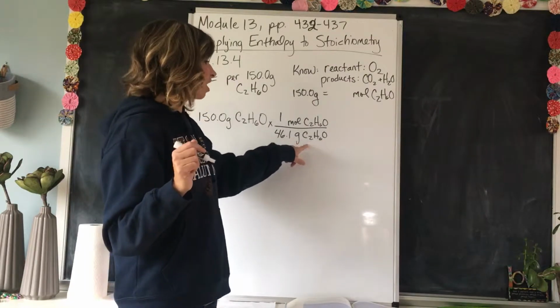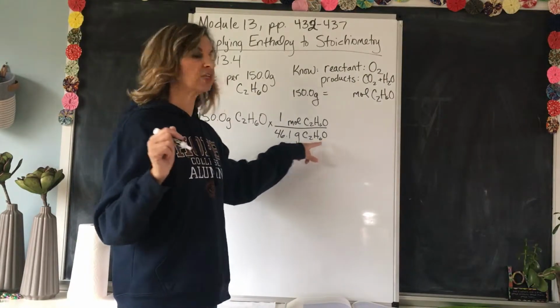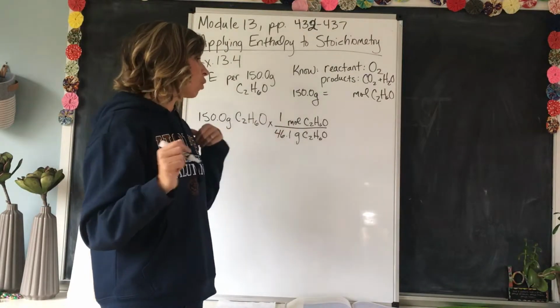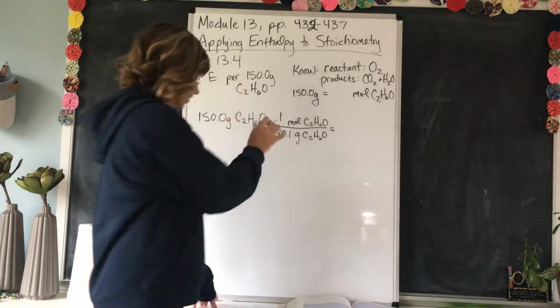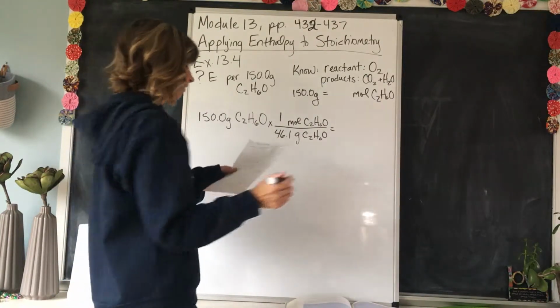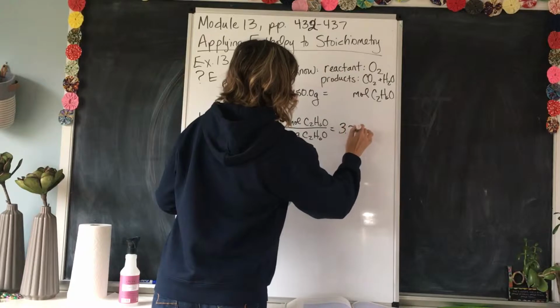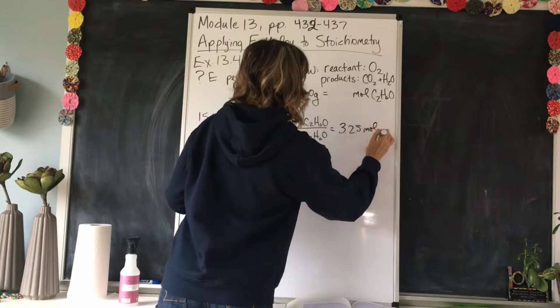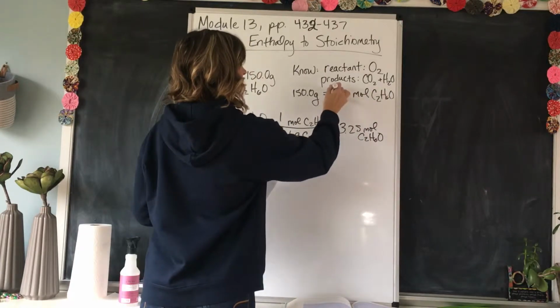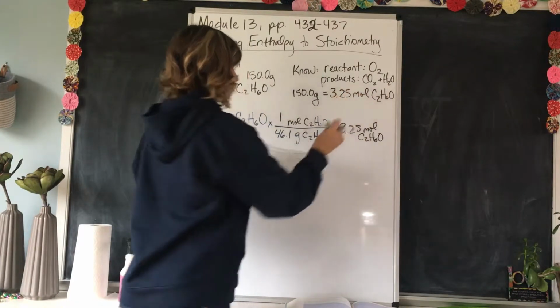When you add up 2 carbons, 6 hydrogens, and 1 oxygen, that's how you figure out that there are 46.1 grams in 1 mole of it. So that's a division problem. Put it into your trusty old calculator, and you get 3.25 moles of C2H6O. So that's another thing that we know, how many moles of it we have, 3.25.